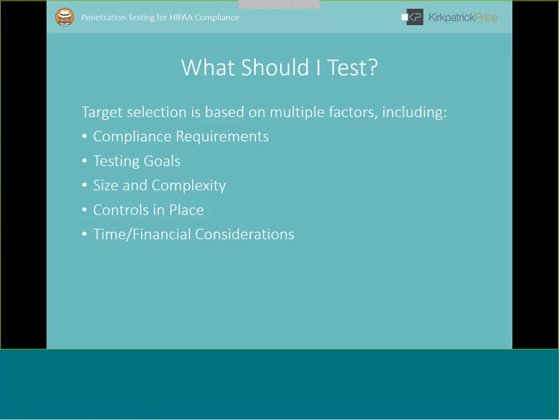So the other side of that to think about is if you're looking to comply with HIPAA, but you also have other compliance requirements, you want to approach penetration testing in a way that will allow you to adhere to all of the different compliance frameworks that you might be bound to, as well as just general good security. And so that's why you would want to think about that.